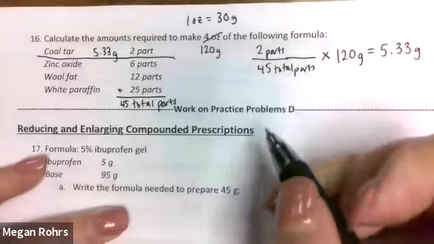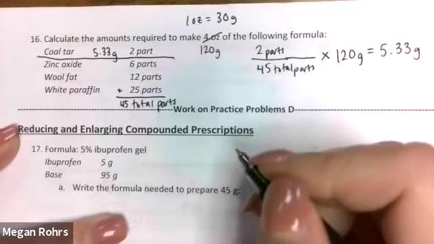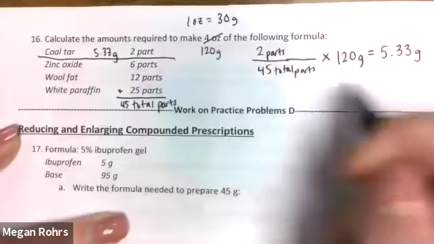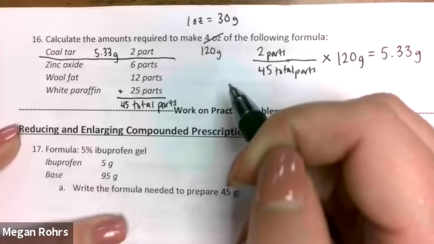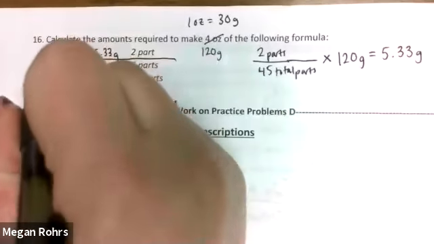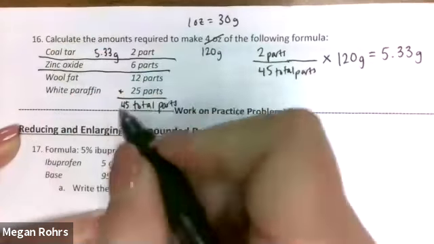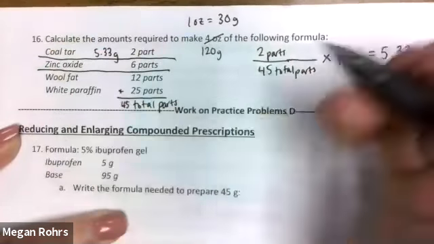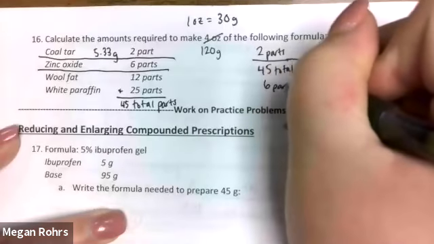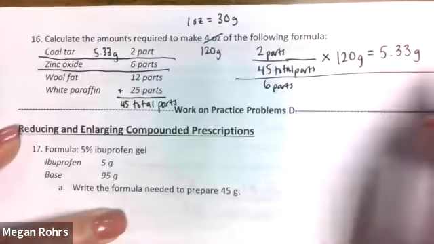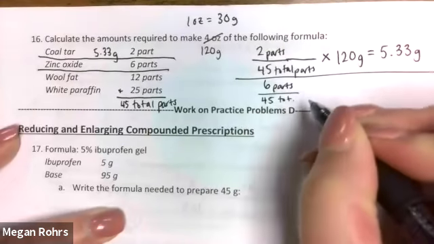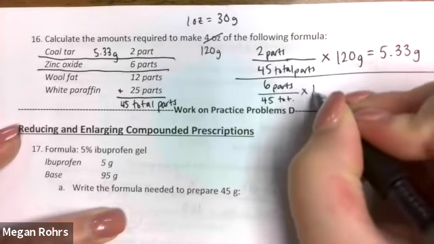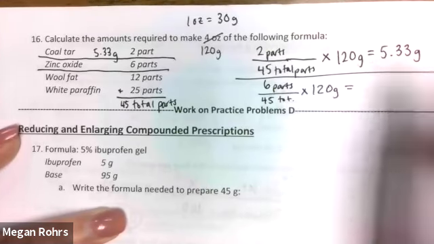So then we're just going to do the same thing for each of our ingredients. And if this is not enough room, I completely understand. You can write out the rest of these on scratch paper if you need to. So zinc oxide, we know that there are 6 parts out of the total 45. And then I would take that times my quantity of 120.